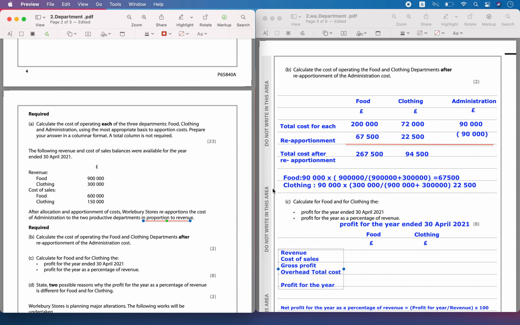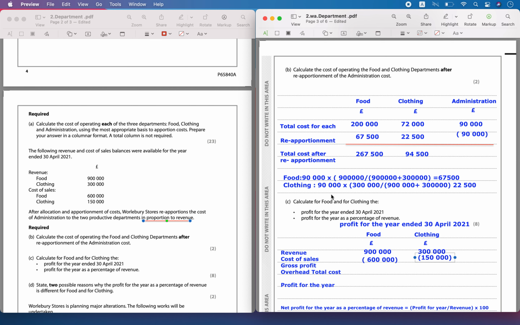So now let's calculate. The first one is the revenue: 900,000 and 300,000, as they have given the information here. Then the cost of sales they have given was 600,000 for food, and the cost of sales for the clothing department was 150,000.